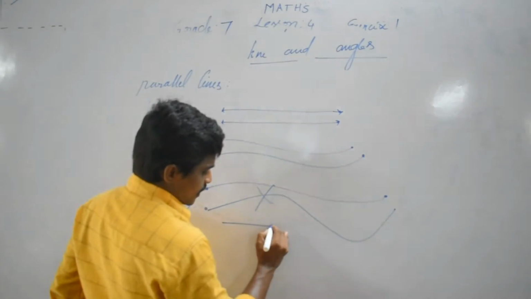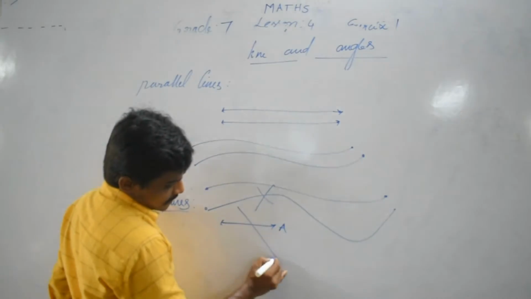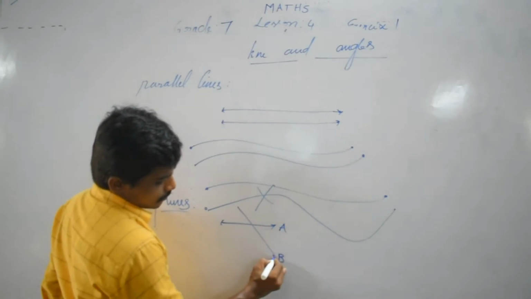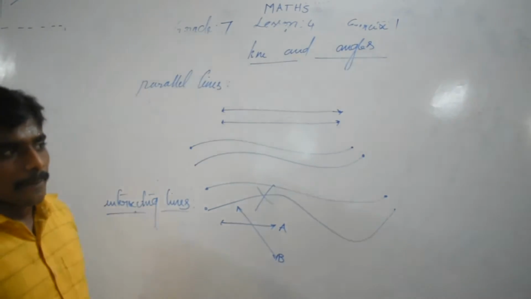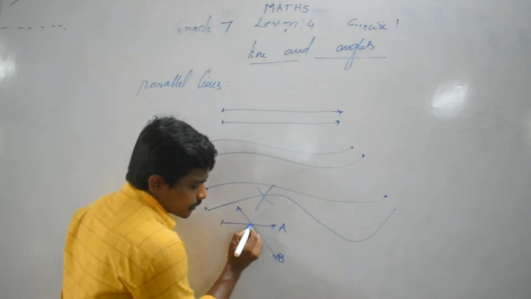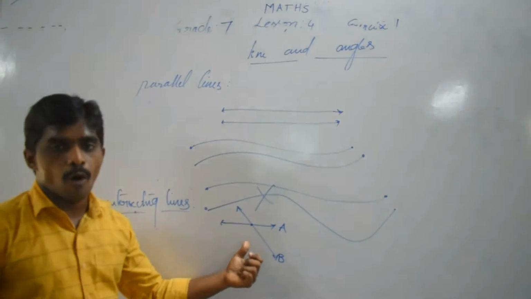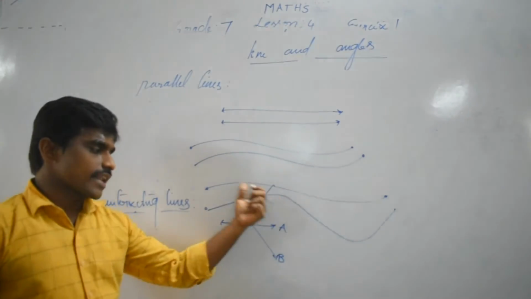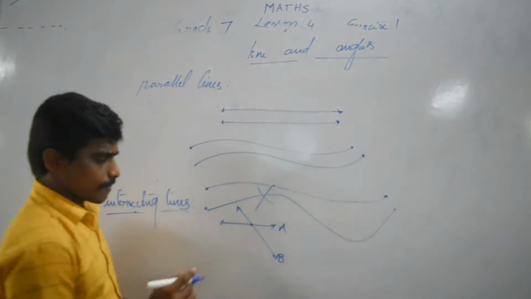Now this is line A, this is line B. These line A and line B meet at a point. This point is called the intersecting point. So these lines are called intersecting lines.